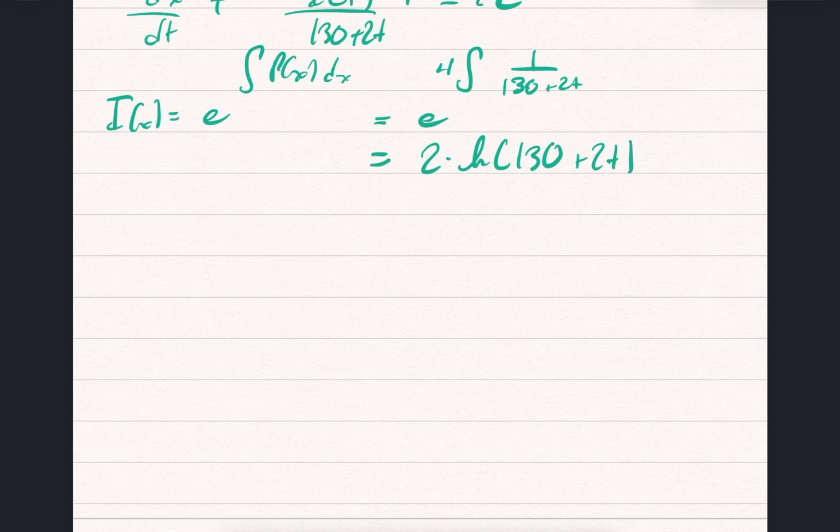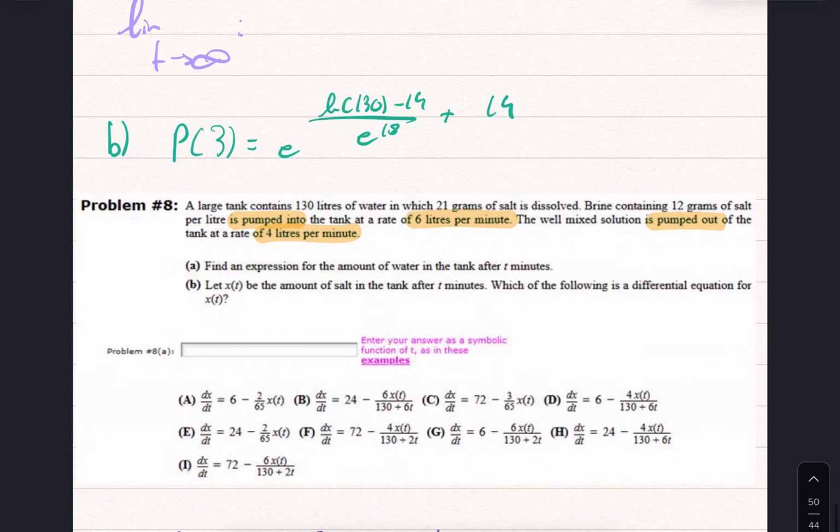Now, continuing on, the question's asking us, and a lot of the work that I'm doing right now helps in the next question, to find an expression for the amount of water in the tank after t minutes.